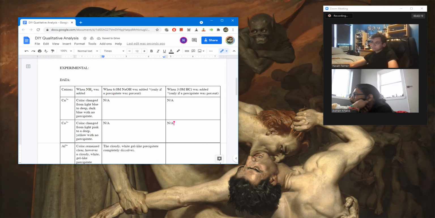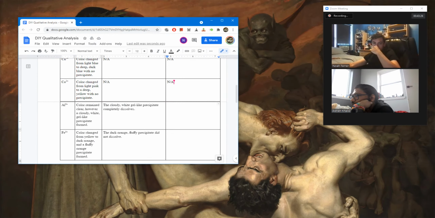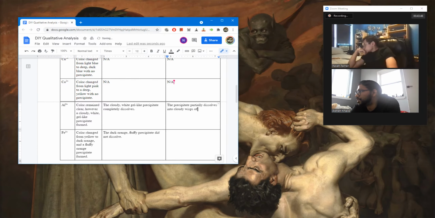Now for aluminum, when we add HCl, we have cloudy wisps of precipitate. So it partially dissolves into cloudy wisps of precipitate.